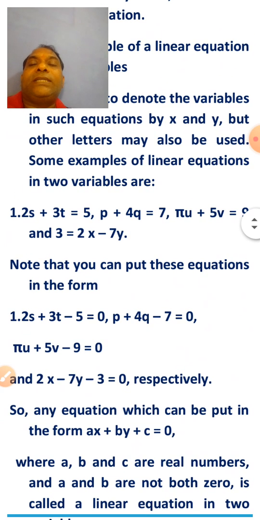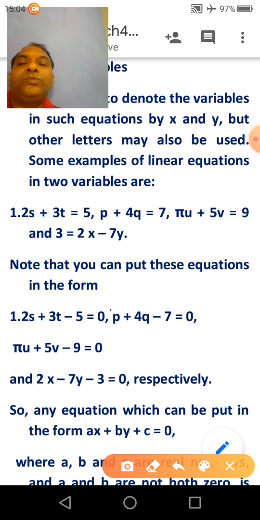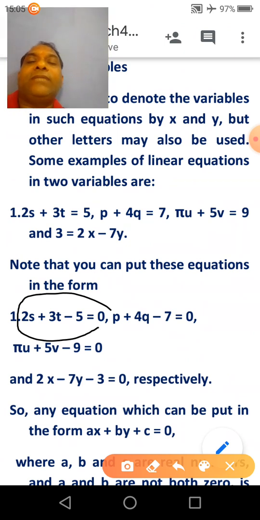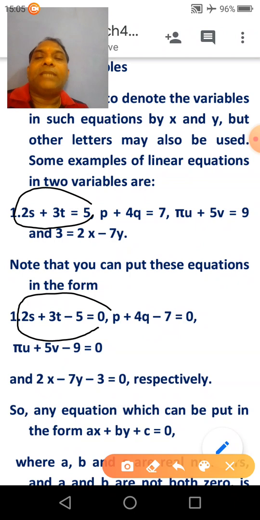Now, these equations can be written as 1.2s plus 3t minus 5 is equal to 0. Means 1.2s plus 3t is equal to 5 can be written as 1.2s plus 3t minus 5 is equal to 0.